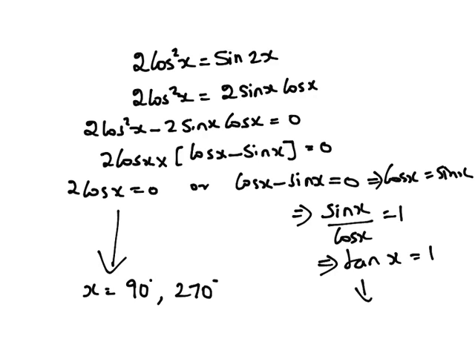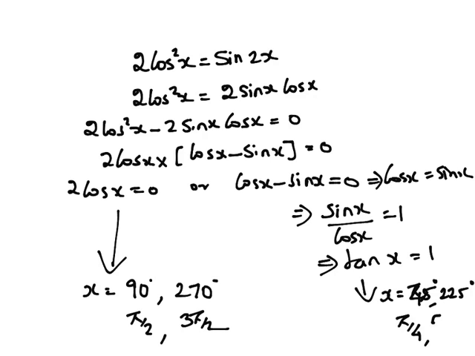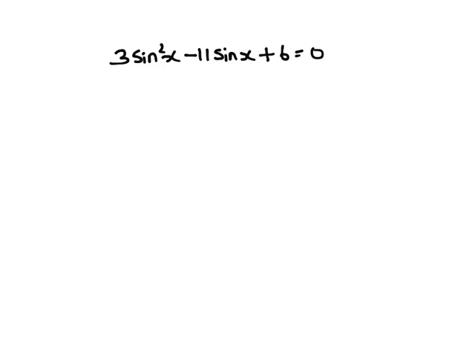Here x can take the value of 45 degrees and 225 degrees. That means if you write it in radian, it will be pi by 2, 3 pi by 2, pi by 4 and 5 pi by 4. Very simple.